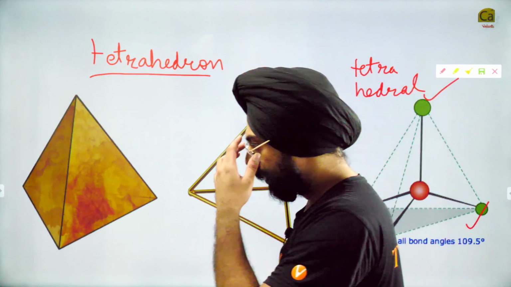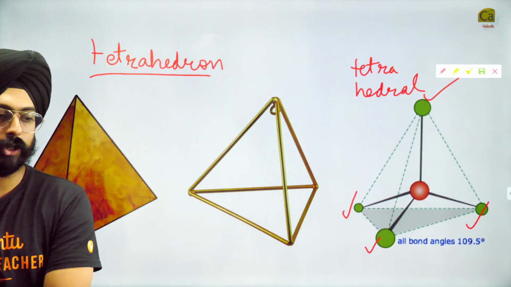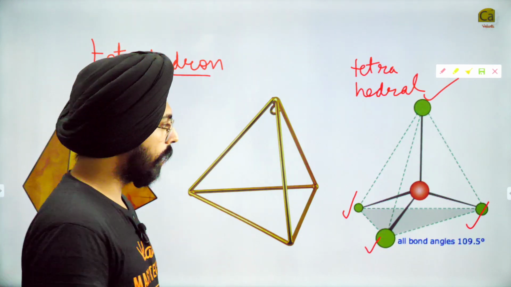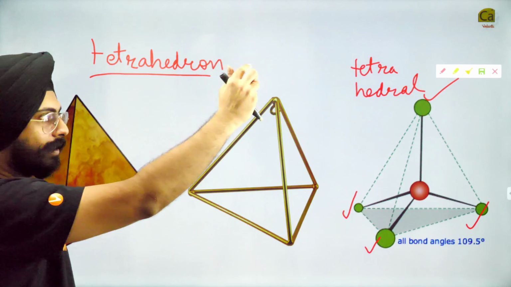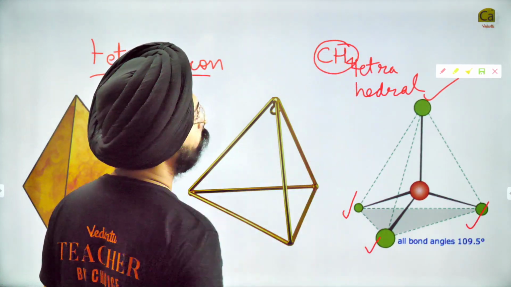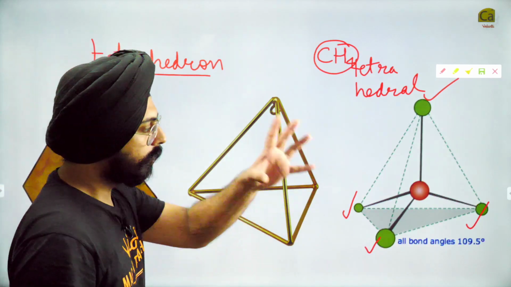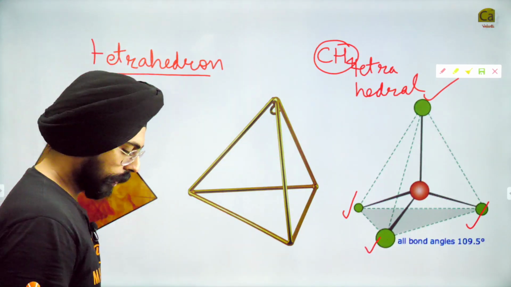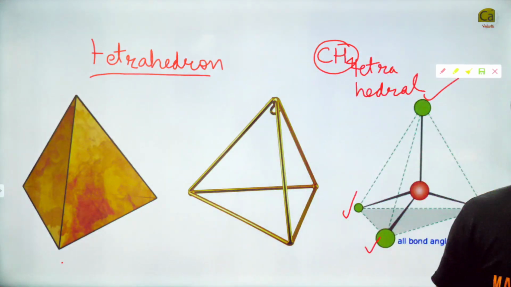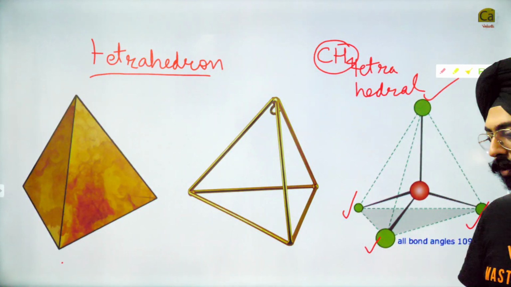That is why it is known as a tetrahedral shape, tetrahedral geometry. ठीक है? So please make sure you understand the idea behind what a tetrahedron is. CH4, which has only 4 bond pairs, will give you a tetrahedral shape. Fine. Very simple. So we have covered 3 cases now.